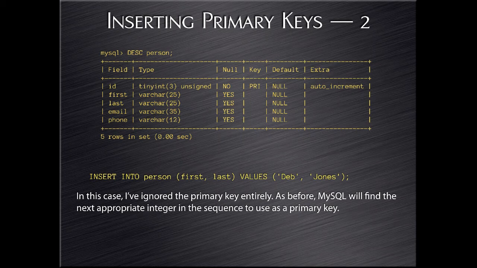Now I haven't made any mistakes, but MySQL does the same thing. Because that ID column is an integer and because it's auto increment, it goes and gets the next value and puts it in for me automatically. That's totally fine. So here's the trick. If you list the ID column or the primary key, just stick null in there and it will find the next value. Or if you want to be a little cleaner about it in your insert statement, just ignore the primary key column and let MySQL figure out what goes in there.